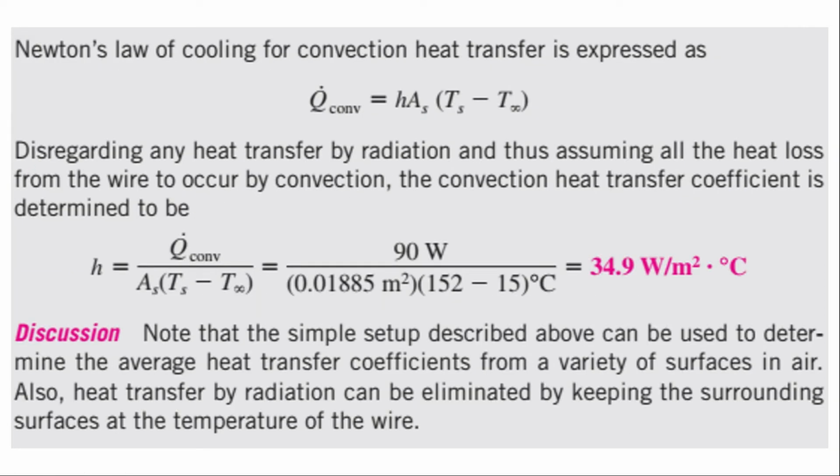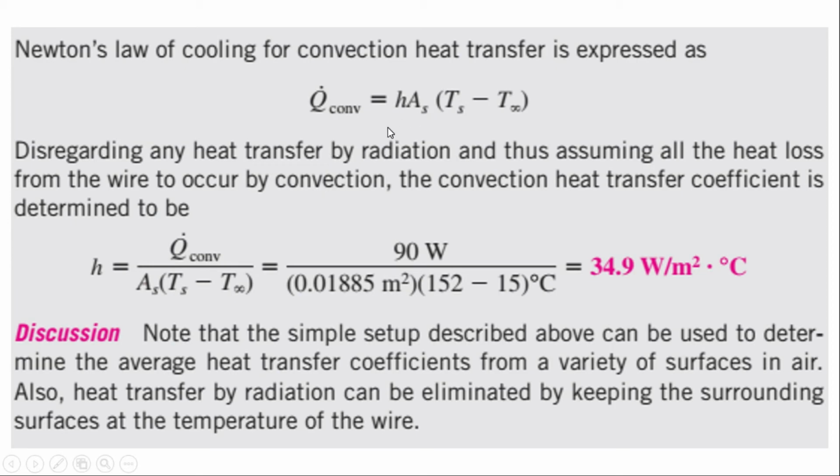Finally, we have Newton's law of cooling for convection heat transfer, which is expressed as Q, the convective heat transfer rate, equals h, the convection heat transfer coefficient, times A_s, the surface area, multiplied by T_s minus T infinity. We have T_s, the surface temperature, 152 degrees centigrade, and T infinity, the air temperature in the room, 15 degrees centigrade.